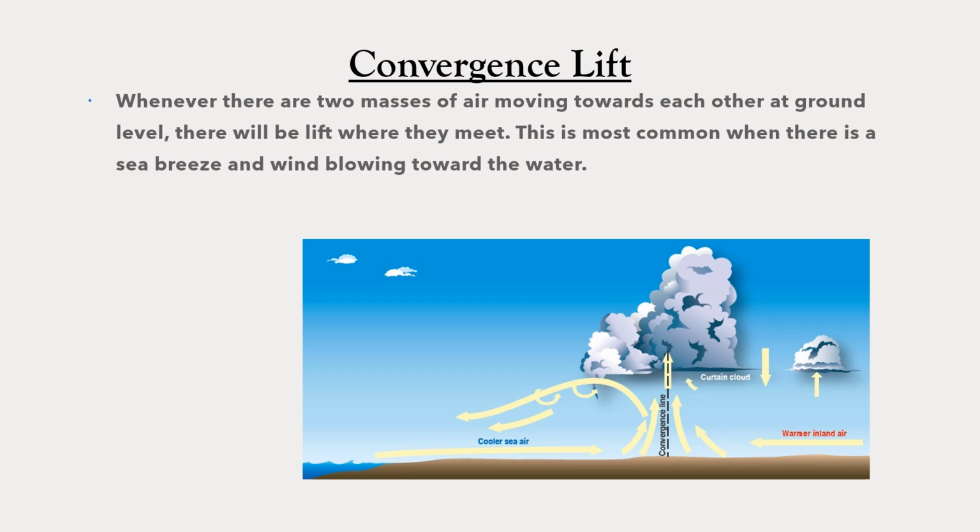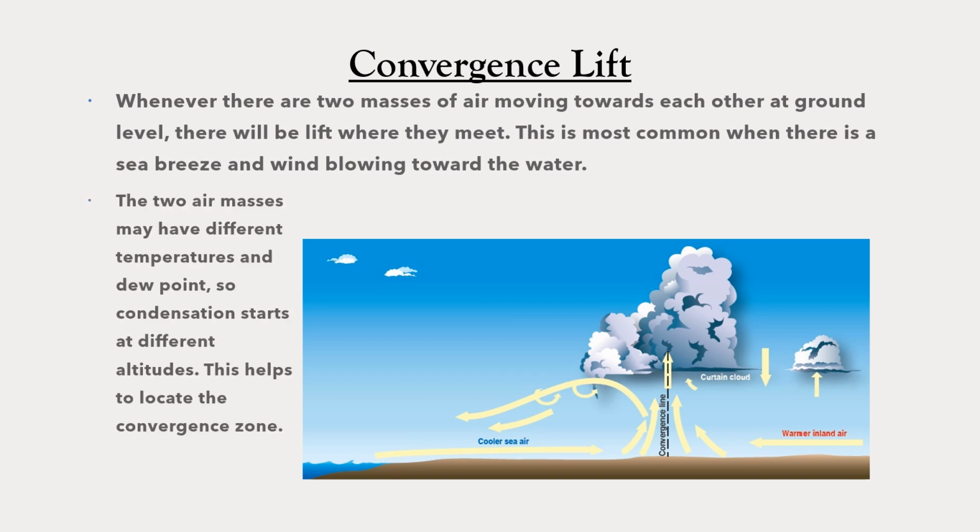If that happens at the same time that there is a general flow of air in the opposite direction farther inland, then at some point a little ways in from the coastline, you'll get a point where those two air systems run into each other and you'll get the convergence lift.